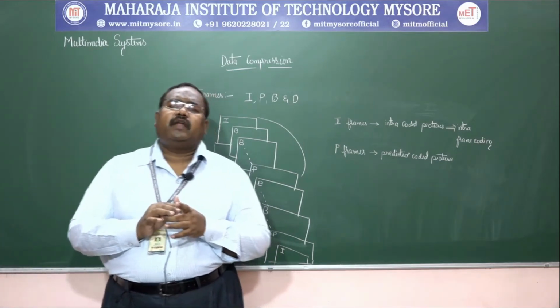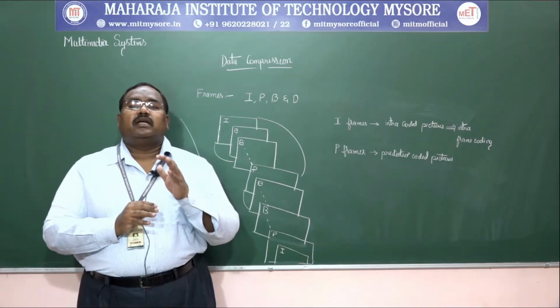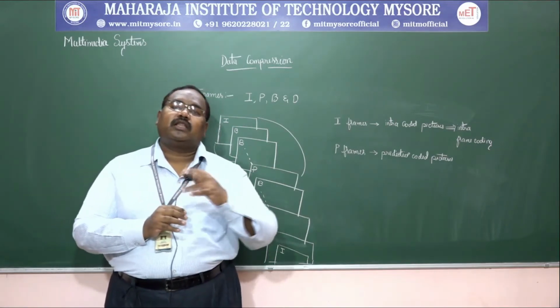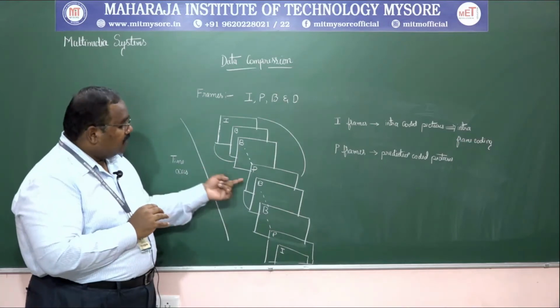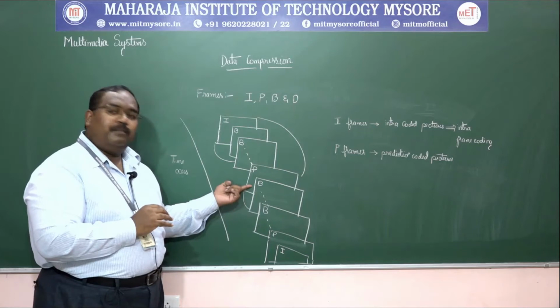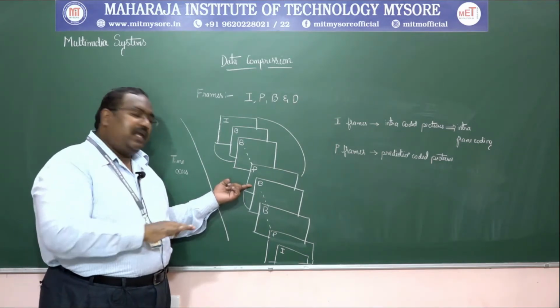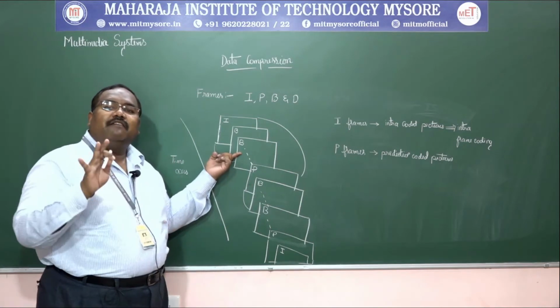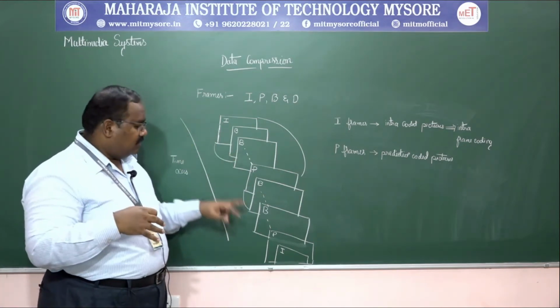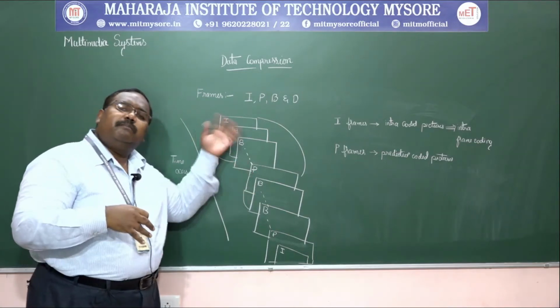When we talk about P-frames, these P-frames require information about the previous I-frames or the P-frames itself. Look at this. Here, P-frames are there. They require the information from the previous I-frames or P-frames. It means these frames require the information from the previous one.